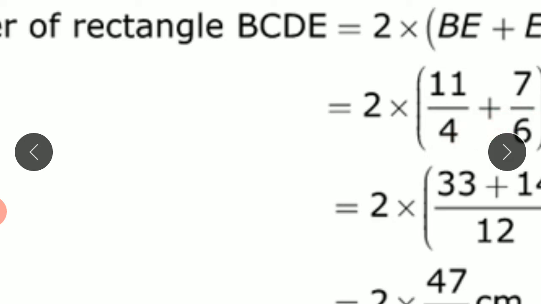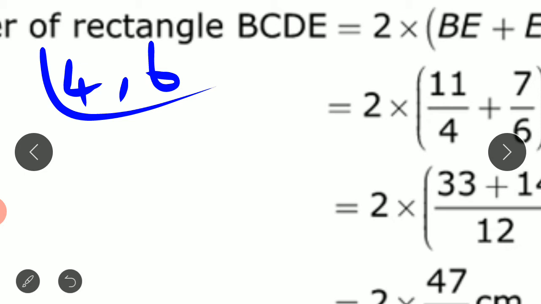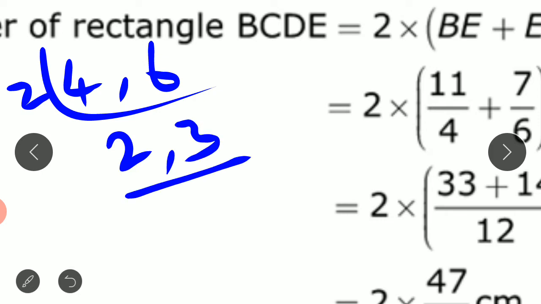Here the denominators are different. So let's find the LCM of 4 and 6. Let's take 2, because both are even numbers. In 4, how many times 2? 2 times. In 6, how many times 2? 3 times. Stop, because now in this row we get only prime numbers, 2 and 3.